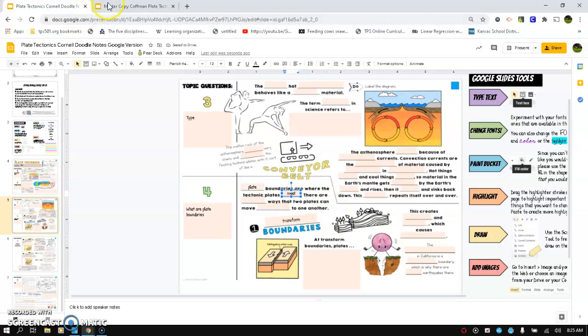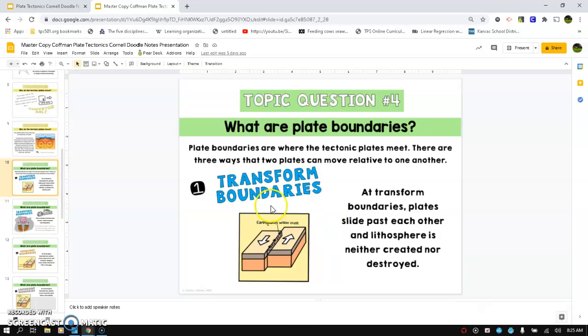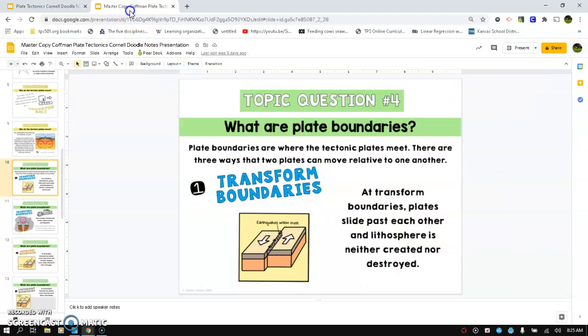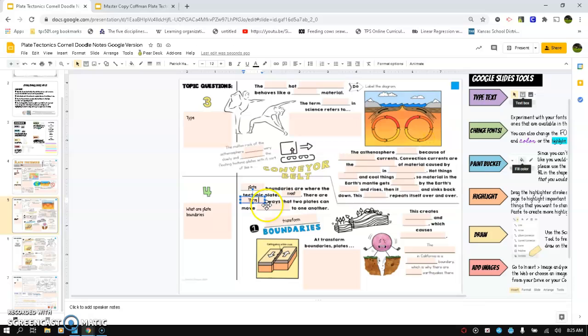There are three ways that two plates can move relative to each other. Now, relative is the right word, because I was thinking that they were going to use a different word.